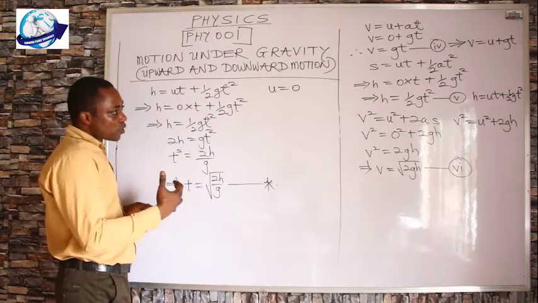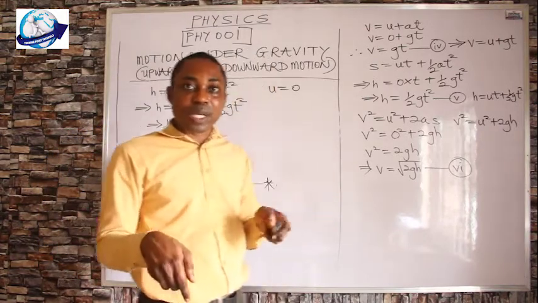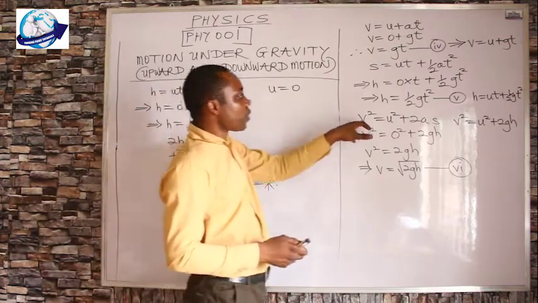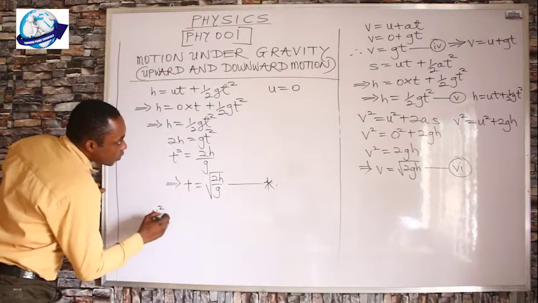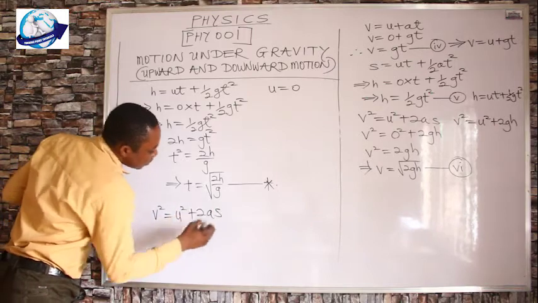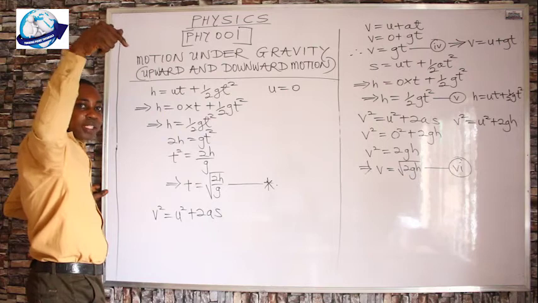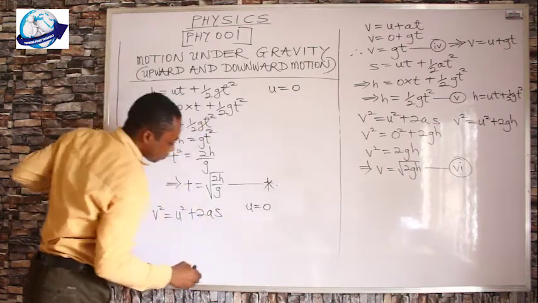When the body falls from a particular height above the ground to the ground level, what happens? We consider it from this very expression: v squared equals u squared plus 2as. Now remember, it falls freely from a height above the ground. Falling freely means that u is equal to 0.